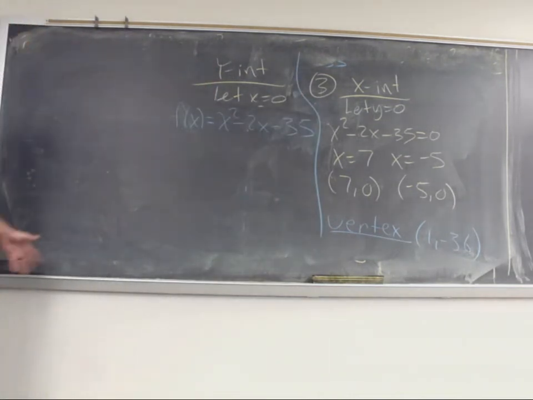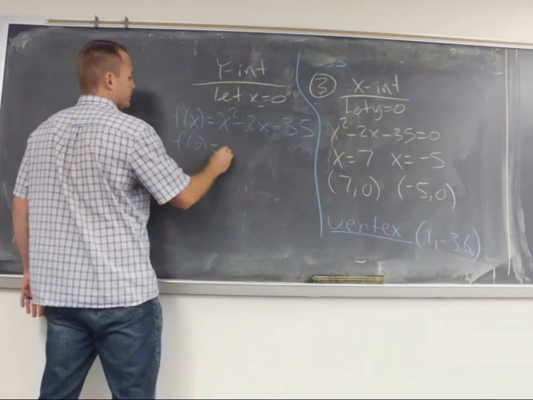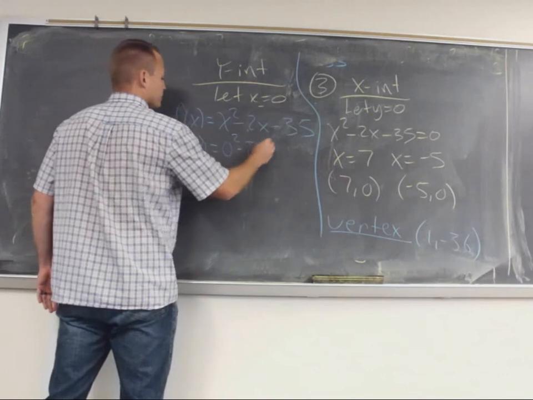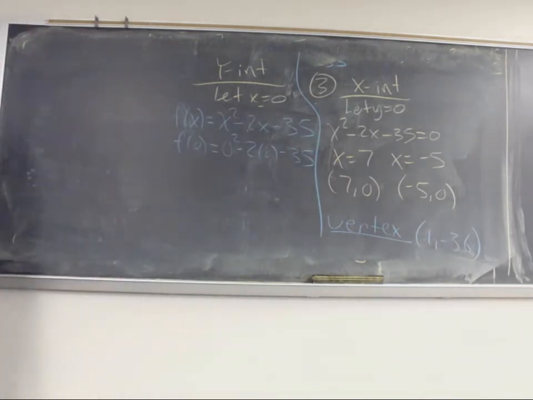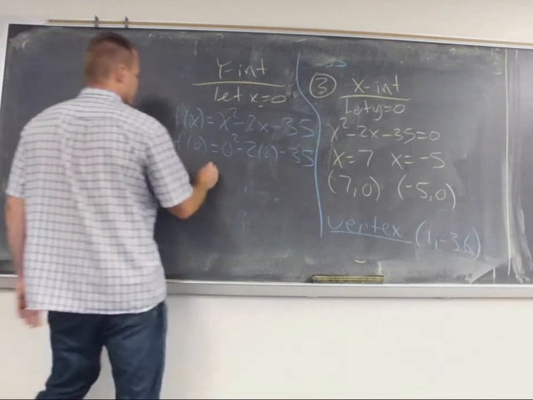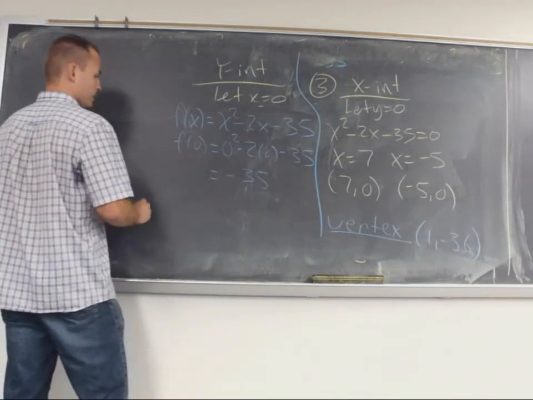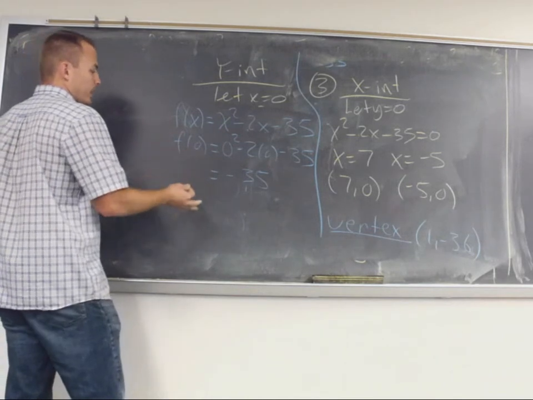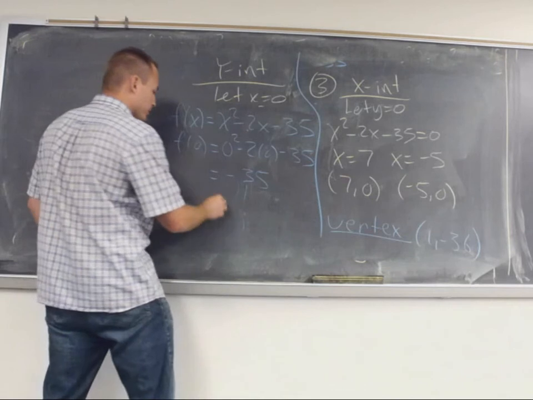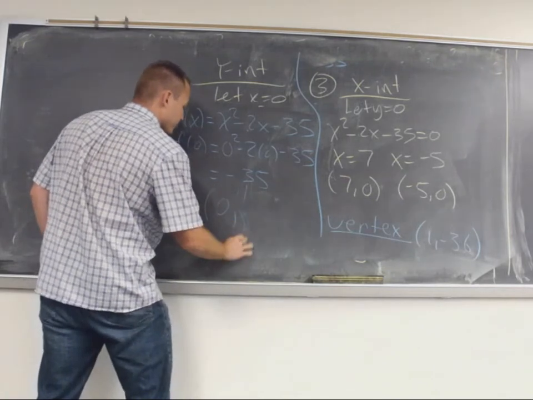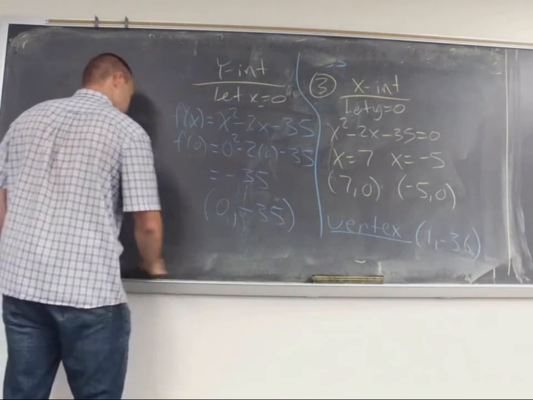And now we're just plugging in 0 for x. So we get f of 0, which is the same thing as y. 0 squared minus 2 times 0 minus 35. Simplifying this, you get negative 35. So that tells me my y-intercept is negative 35. We don't leave it, we write it as a point because it's an intercept. So 0 comma negative 35.